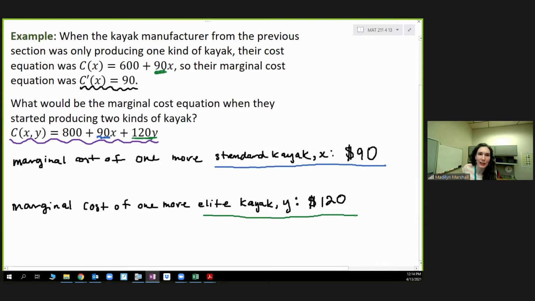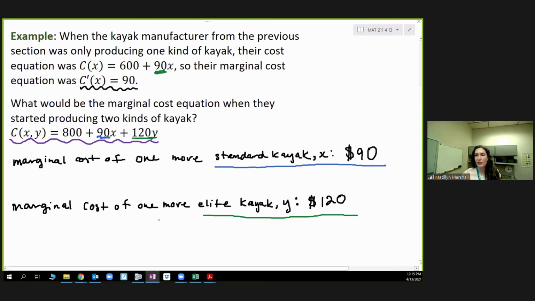We will actually have ways to find the derivative. But the key here is that when we're looking at the marginal cost for one variable, the other one doesn't actually matter at all. If we are looking at elite kayaks, the other kind of kayak doesn't matter at all.